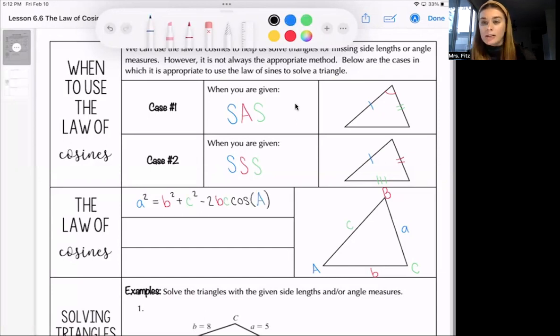Whichever one you use within cosine, that goes on the opposite end of the equal sign, and the remaining two sides get utilized within the formula.